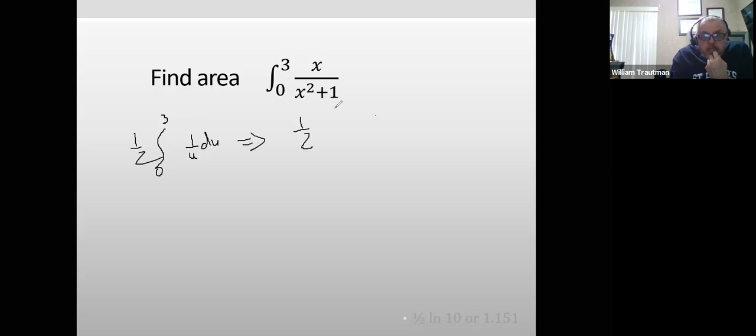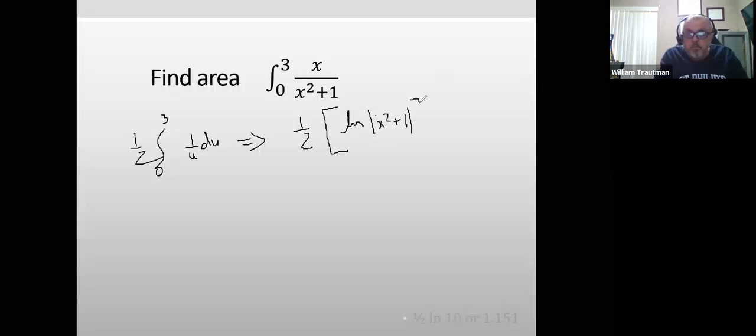So we have 1/2, and when we integrated, we had the natural log of x squared plus 1, and we integrated from 0 to 3. So first we're going to put 3 into the function. We're going to start off with 1/2 times the natural log. Put 3 in there.